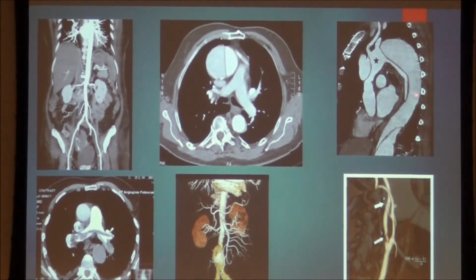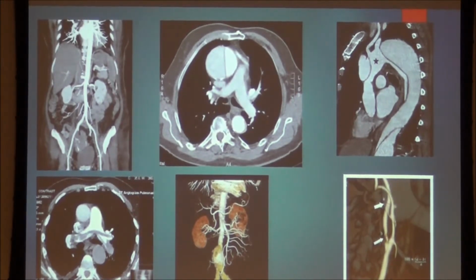You see this is the false lumen, and this is the true lumen. Another CT angiogram. These images are 3D reconstruction. These are all processed by the computer, and it will help us to see the spatial relation or configuration of the arteries in CT angiogram.